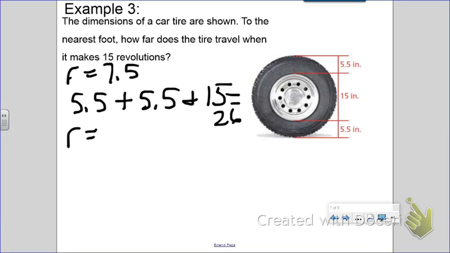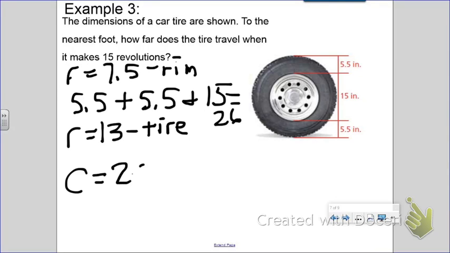So the radius of the whole tire is 13. We're going to use the radius of the tire. So the circumference is going to be 2 times pi times 13, or 26 pi.